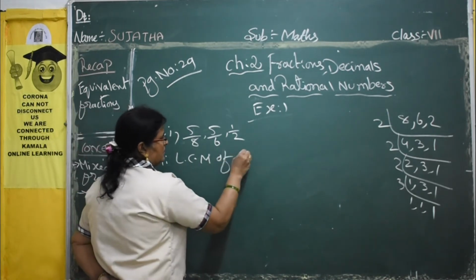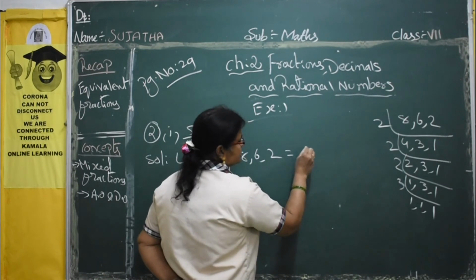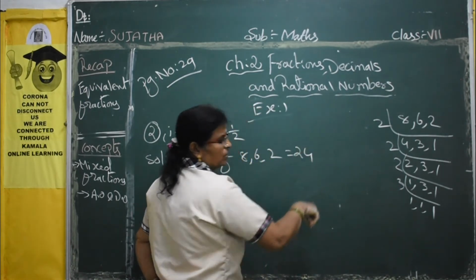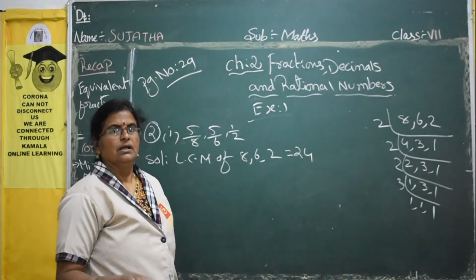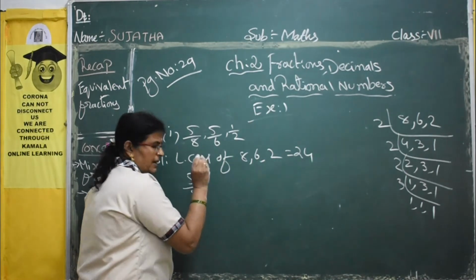LCM of 8, 6, 2 is equal to 24. Now 24 LCM we got. Then what you have to do afterwards? First take the first fraction 5 by 8.